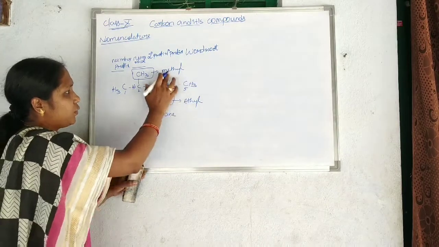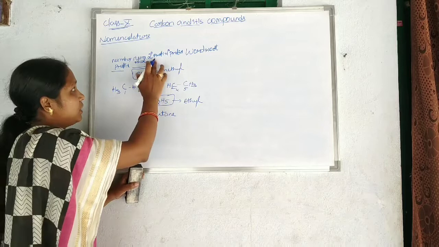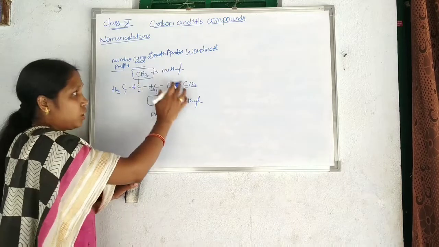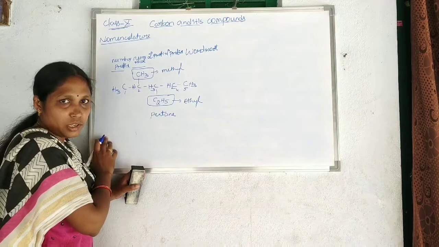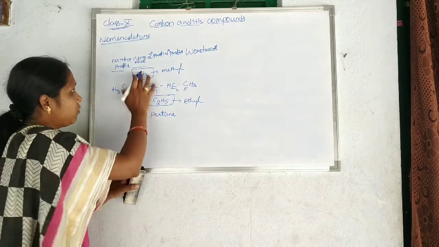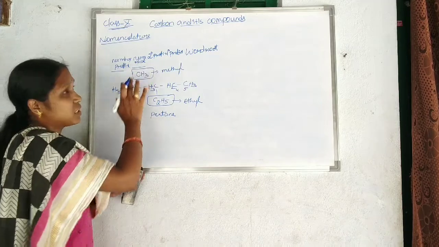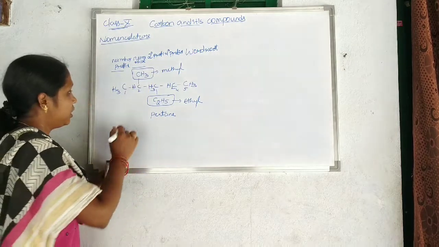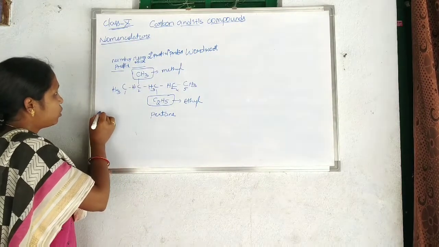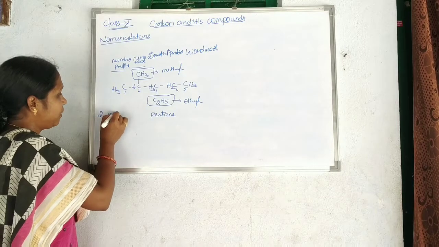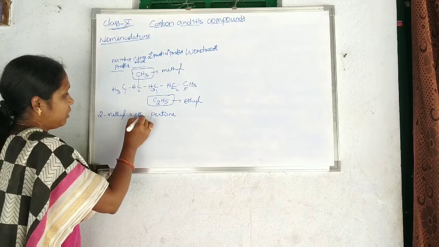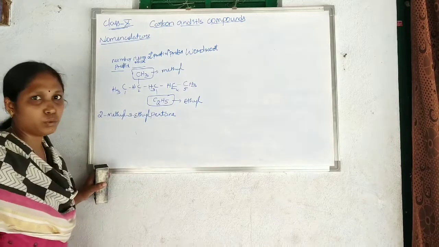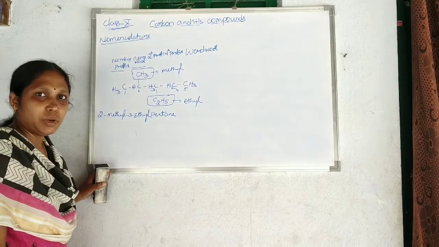So both are different, which means we will write two secondary prefixes, and the numbers are also different. Both are only 1, so the numerical prefix is absent here also. So write down 2 methyl, 3 ethyl pentane. 2 methyl, 3 ethyl pentane.